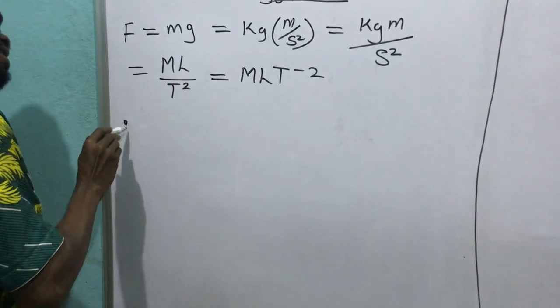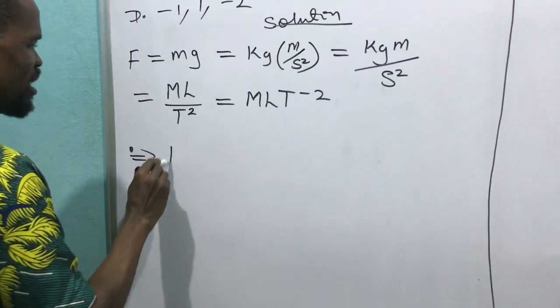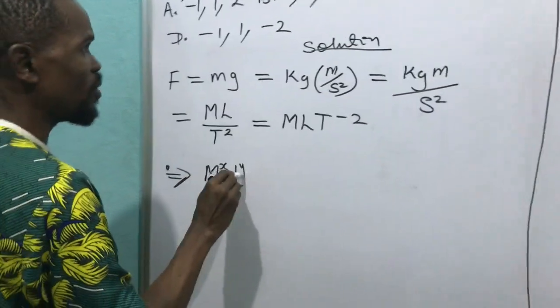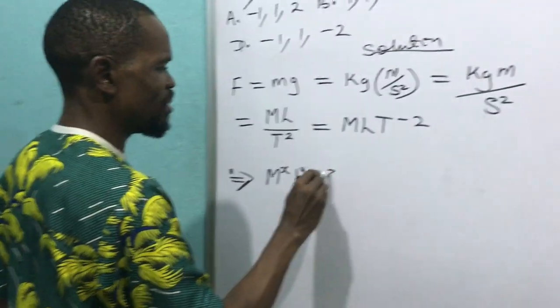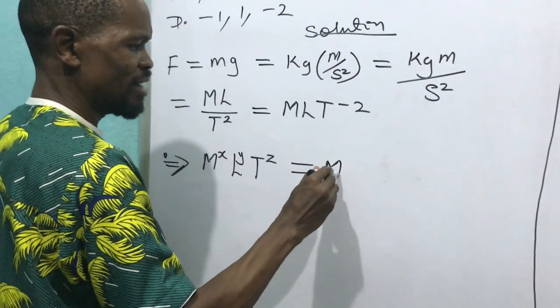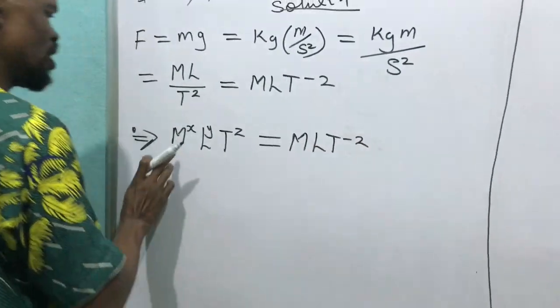That implies that what they give me, mass raised to power x, r raised to power y, and t raised to power z, is equal to M, L, T minus 2. This is the same base.